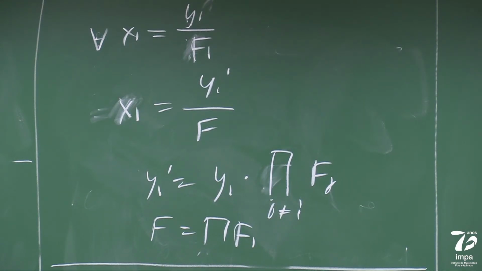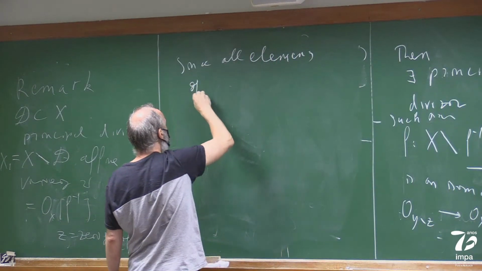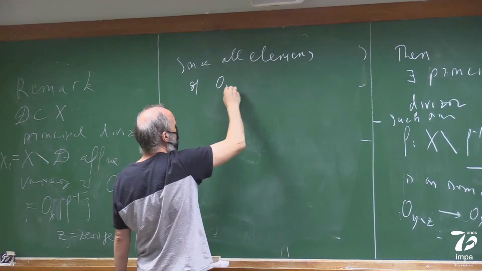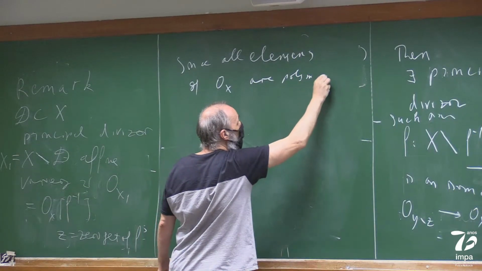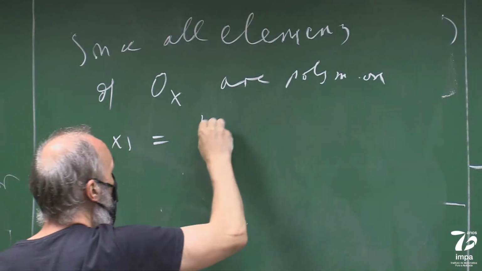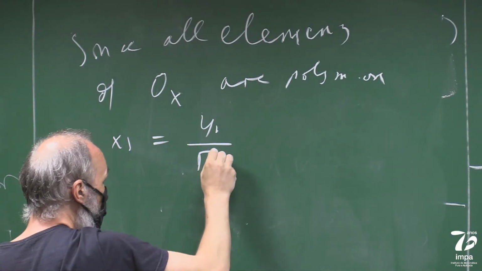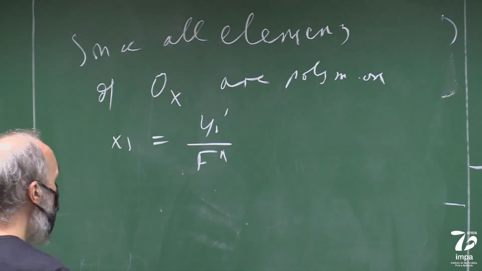since all elements of O x are polynomials in xi, and this is the same as yi divided by f to the power n, yi prime.